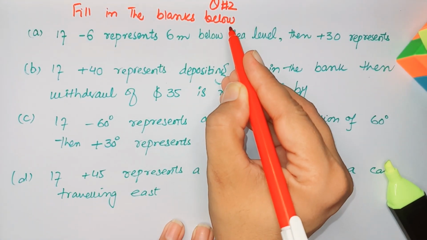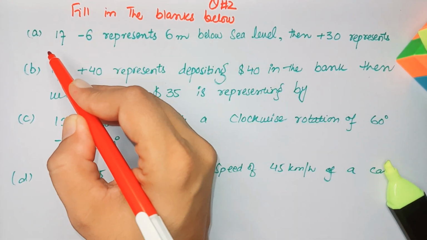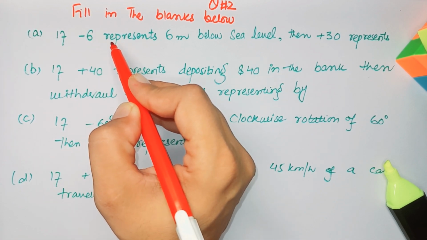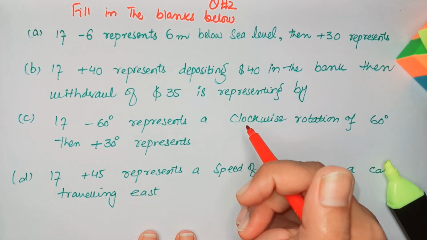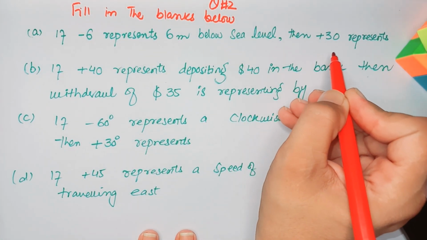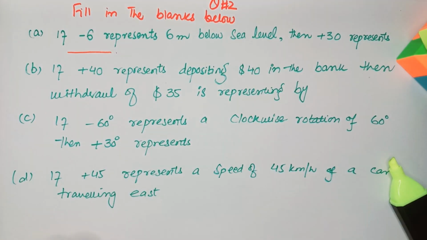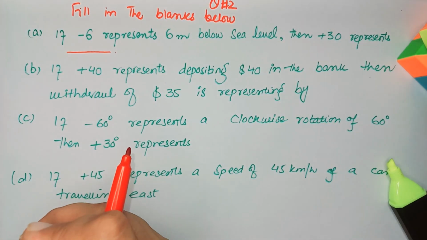Question number 2. Fill in the blanks below. A: if minus 6 represents 6 meters below sea level, then plus 30 represents what? Dear students, now you have to analyze from the given information.